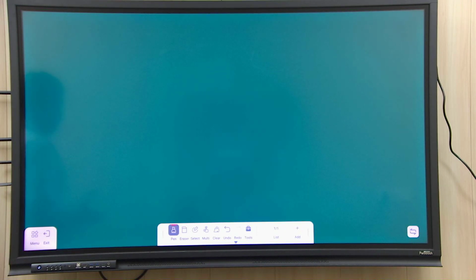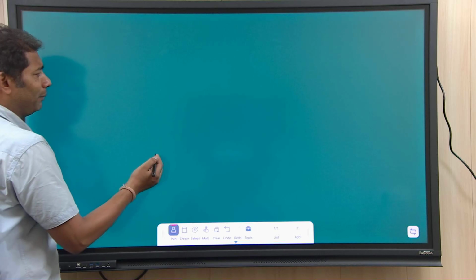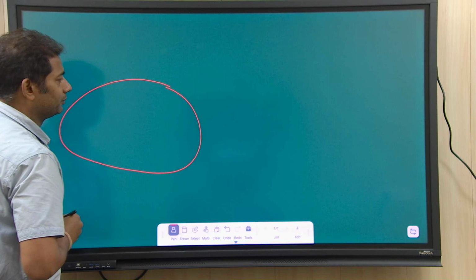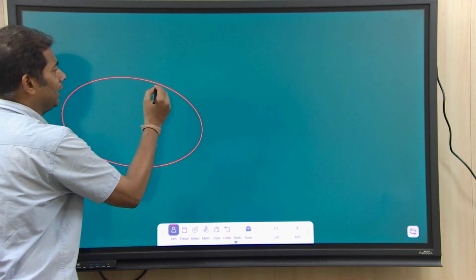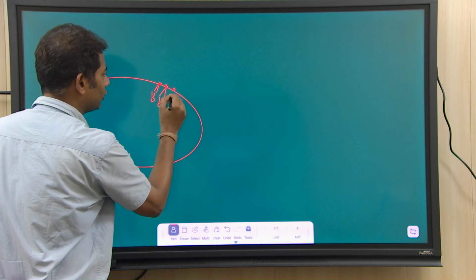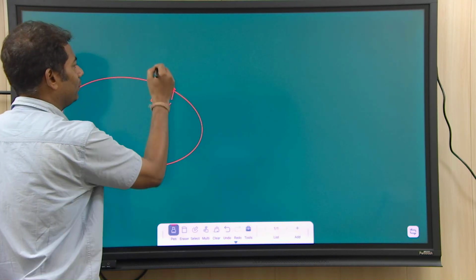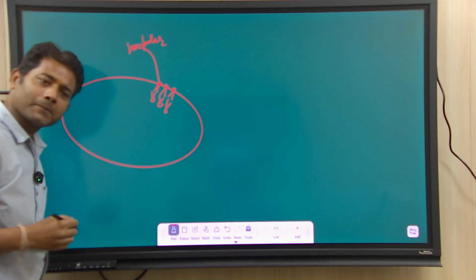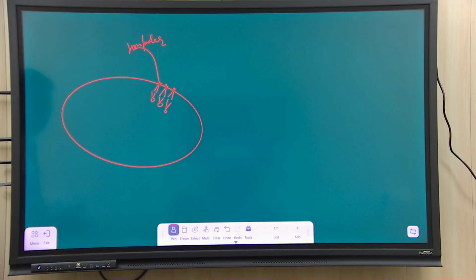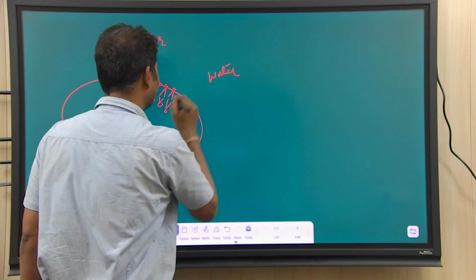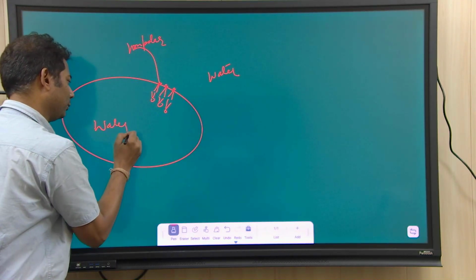In the case of the cell, if we look at its structure, the primary cell is formed from a membrane, which is made up of lipid biomolecules. Its nature is non-polar. The external environment is water, which is polar in nature, and the internal environment is also water, polar in nature.